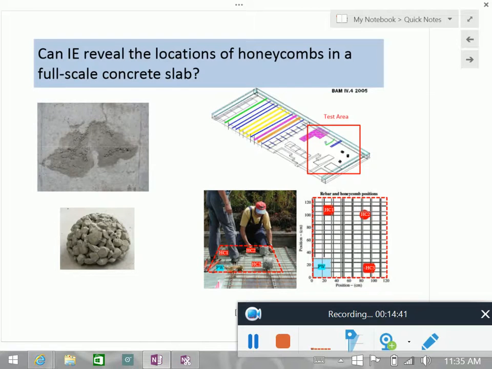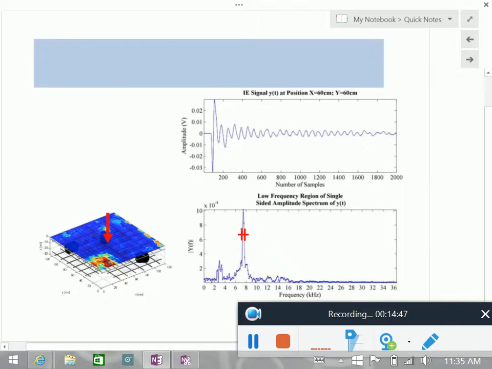The difference in the honeycomb would not change the frequency that much. If you get this kind of 7 kilohertz, you would get it everywhere.